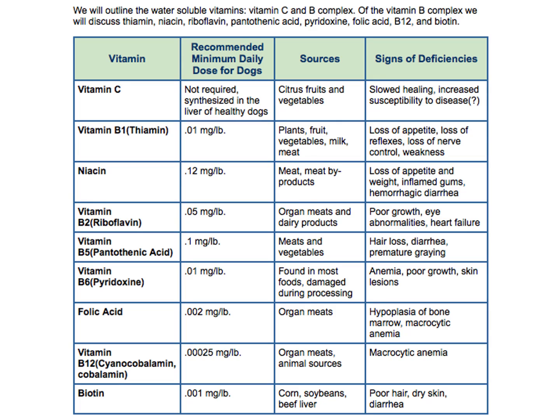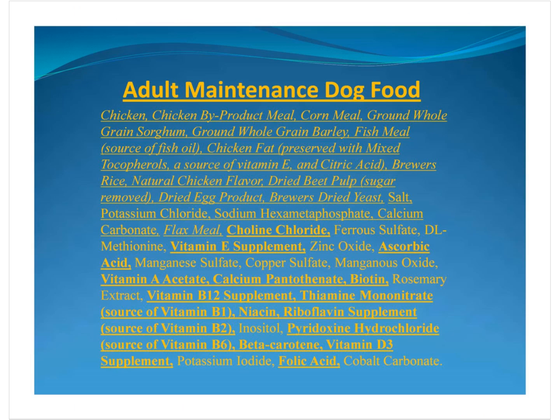And again, you don't need to memorize any of the recommended daily dosages or anything like that for these guys. Just have a good general idea of the different water-soluble vitamins, some of their functions, right? Some of their sources, some of the deficiencies. But again, there's some generalization across the board, and know some of those ones that kind of stick out that are a little bit different, okay?